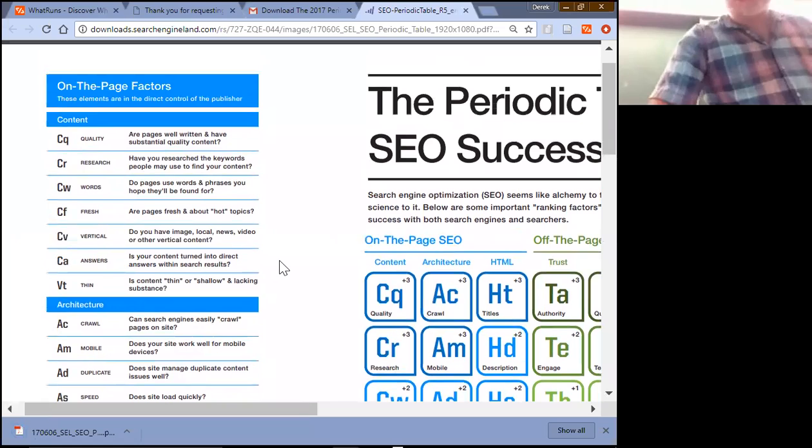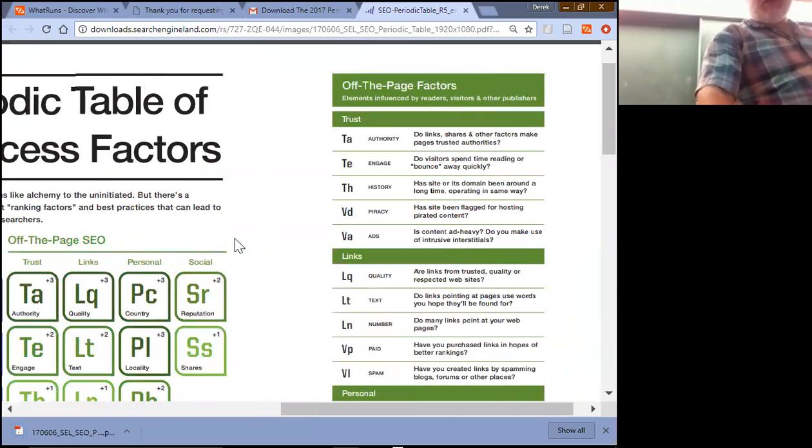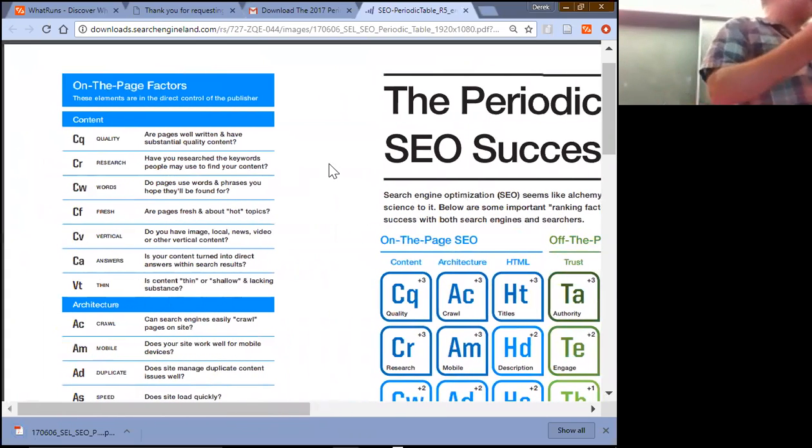But basically, the factors for search engine optimization consist of on-the-page factors and off-the-page factors. On-the-page factors are those things that are on your HTML page, things that you have direct control over. So this is things like the quality of the page. Is it well written? There are some automated metrics for determining that.